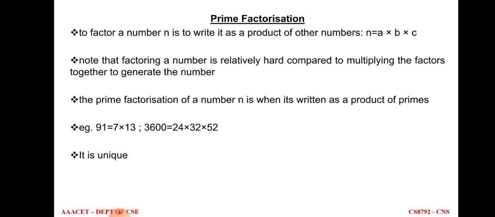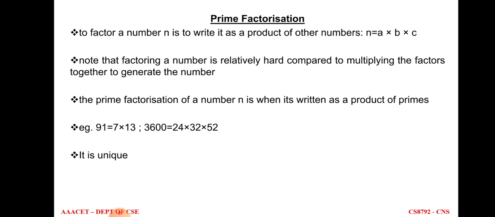Let us take the example 91. Here 91 can be written as the product 7 into 13. This is called prime factorization because 7 is a prime number and 13 is another prime number. So 91 can be written as the product of 2 primes.